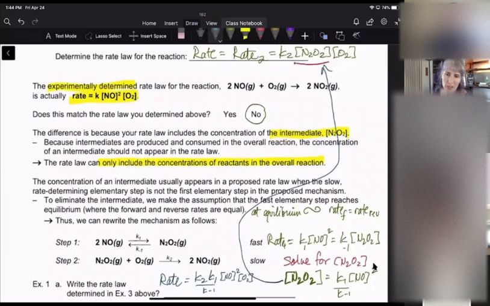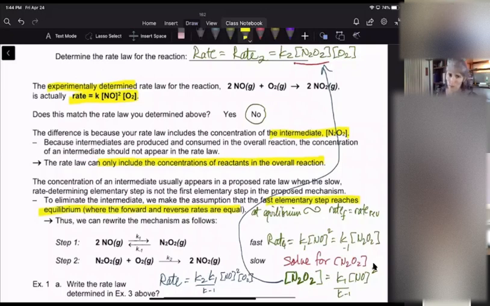Now, of course, those rate constants, all those Ks, we have them designated for which process they refer to. But ultimately, when we measure them, it's just a proportionality constant. So we're going to roll them all into one value. We make the assumption that the fast equilibrium reaches equilibrium before the slow step.